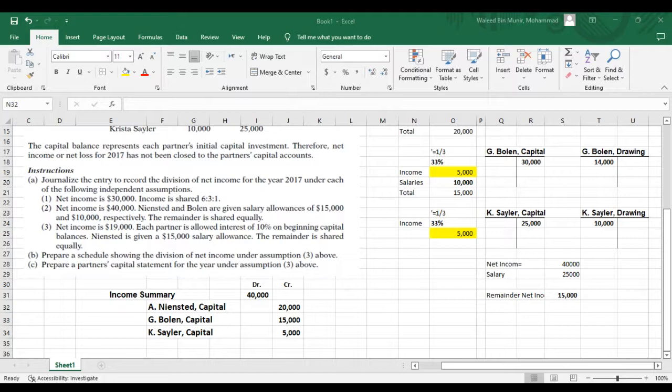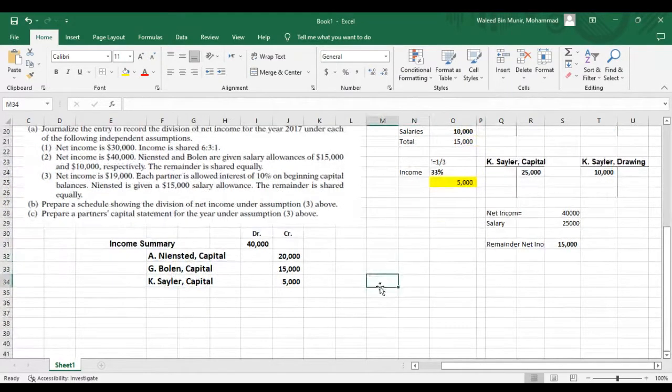Now, if the question says prepare a schedule, what you have prepared over there, you can show it. I'll just show you the same thing, the schedule. Because if the question says to prepare a schedule, it will be like this, the same thing.